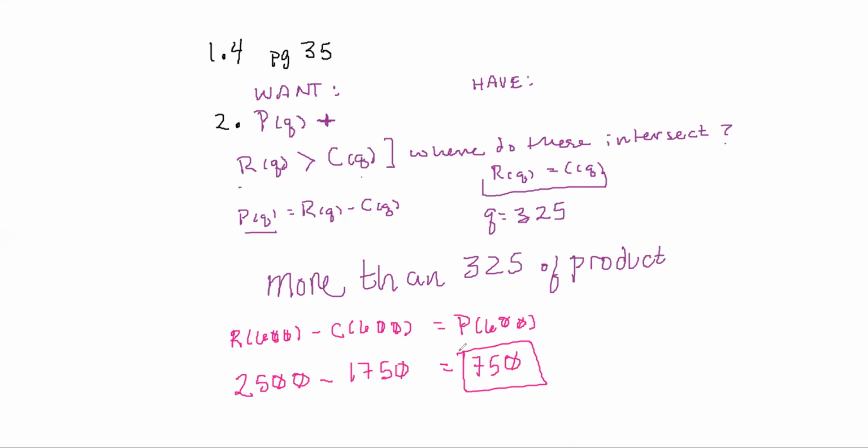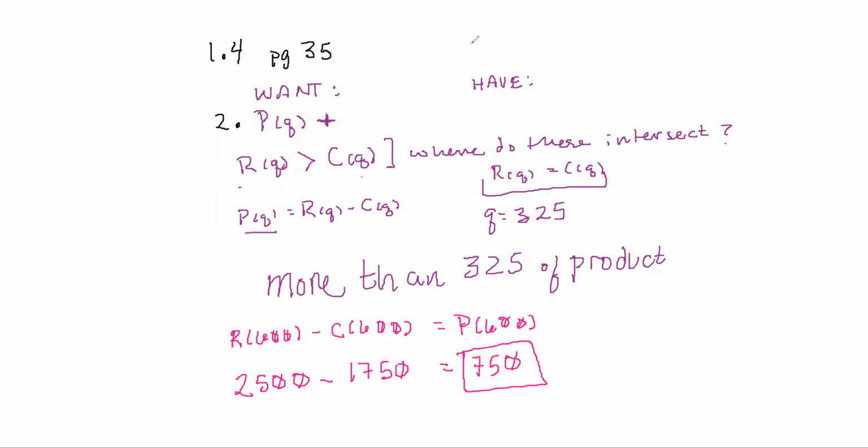So looking at this graph, if I make like 2,000 units or 2,000 products, do you think my profit will be larger or smaller than if I make 700? Mathematics. Somebody, yes, it's going to be larger.